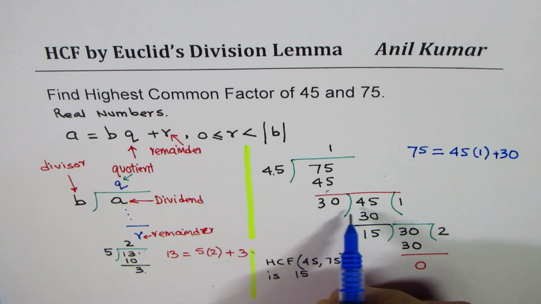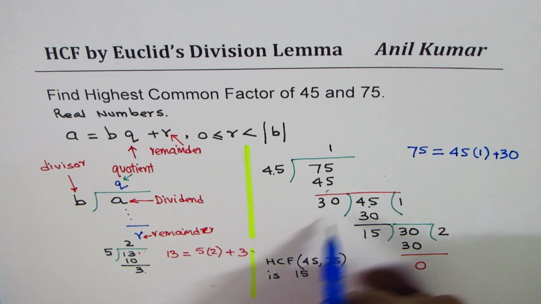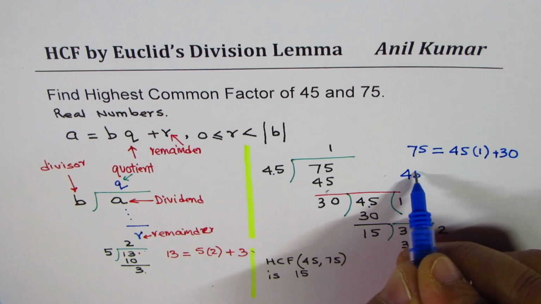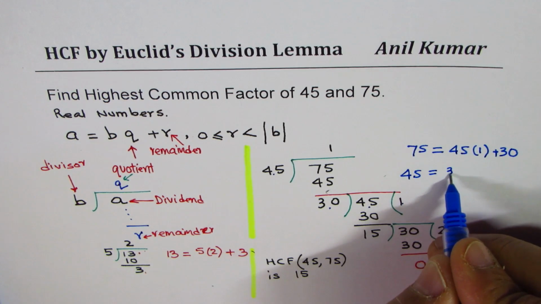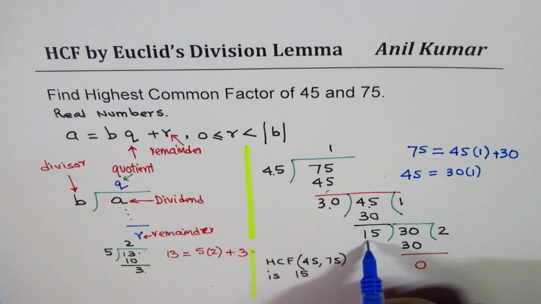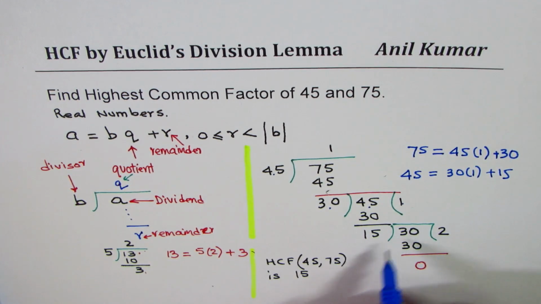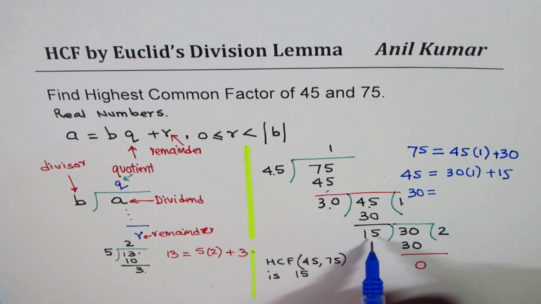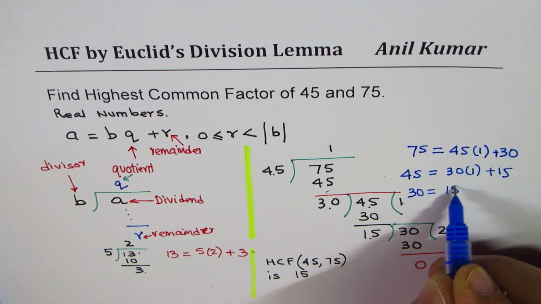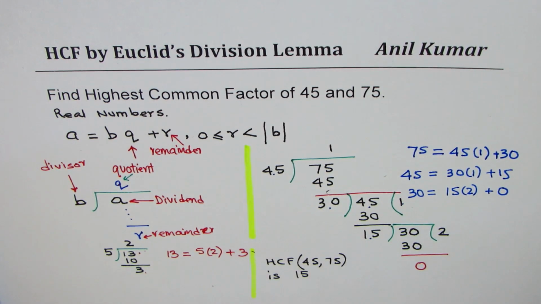And the next time when we divide, we say that 45 is equal to 30 times 1 plus the remainder, which is 15. And then at this stage, 30 is equal to 15 times 2 plus the remainder, which is 0.